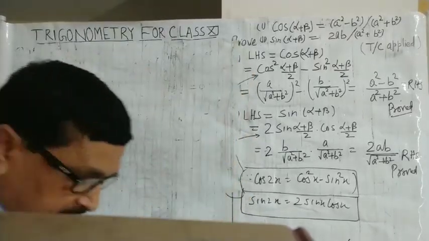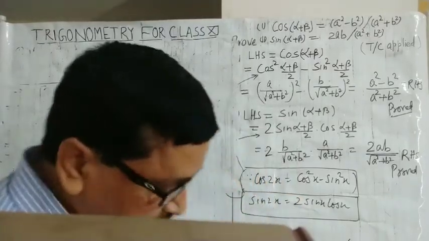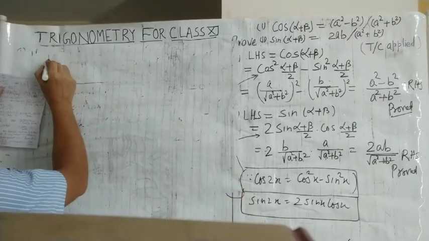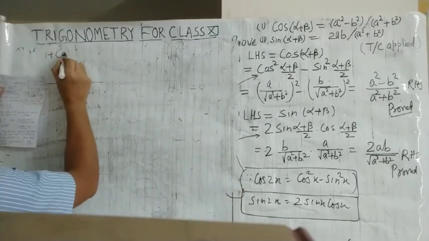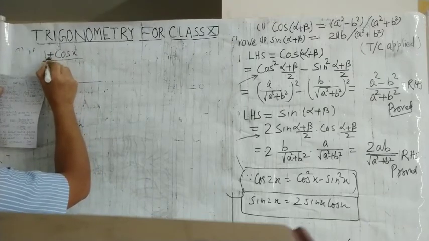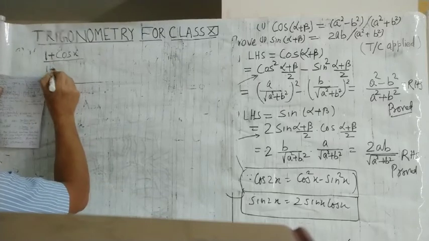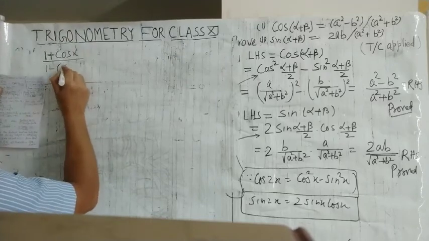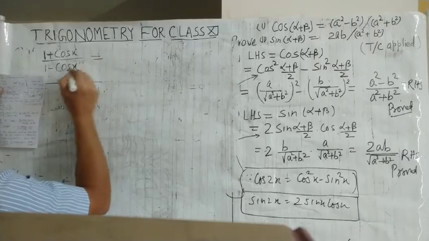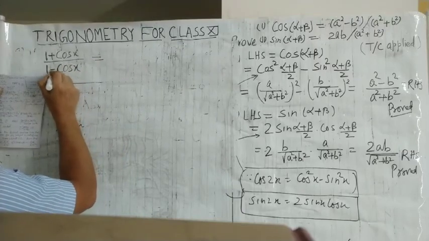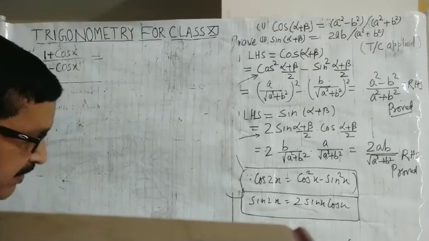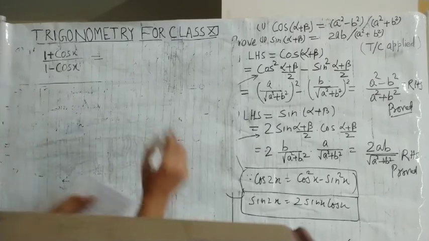Just see another problem, children. This is square root of (1 plus cos x) by (1 minus cos x), equal to cosec x plus cot x, whole square.